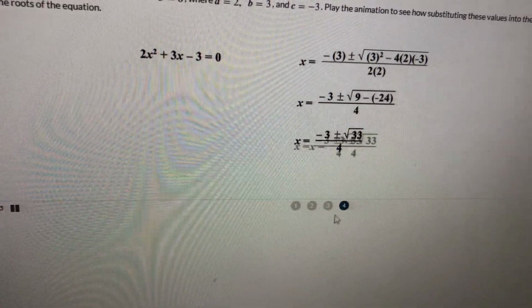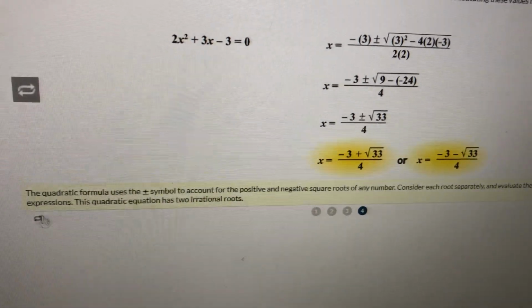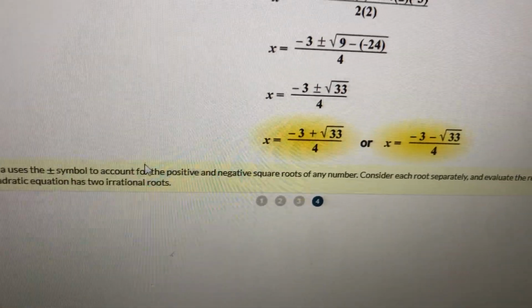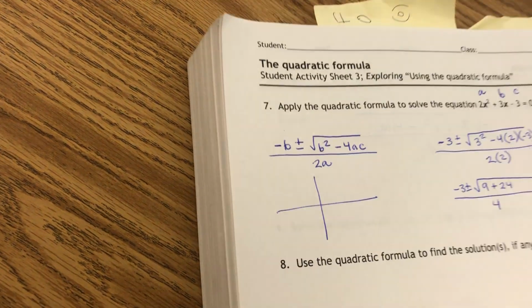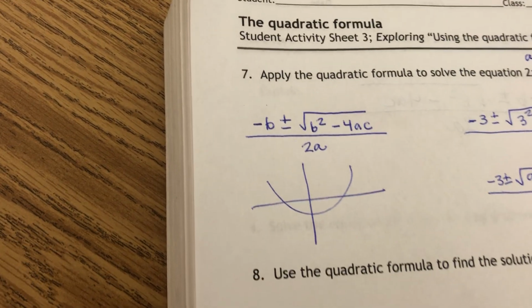And then you're going to have 2 different answers because you're going to cross the axis twice. Think about if you were graphing this parabola. Let's just say it goes something like this, and I'm just making an example.